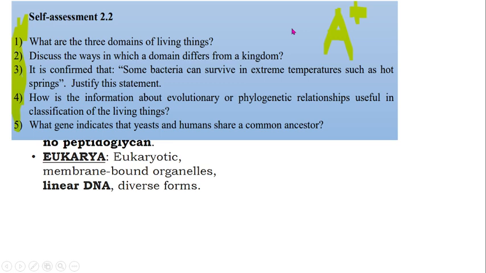Also, when it comes to sharing characteristics, the organisms in a domain usually are not similar in characteristics. We have seen that as you go down, characteristic similarity increases but the number of organisms decreases. I hope you are understanding. So all of these are the questions, and I have the answers here.